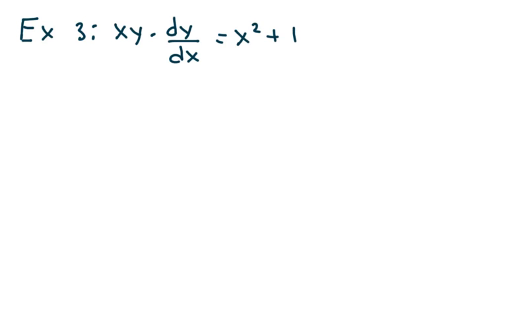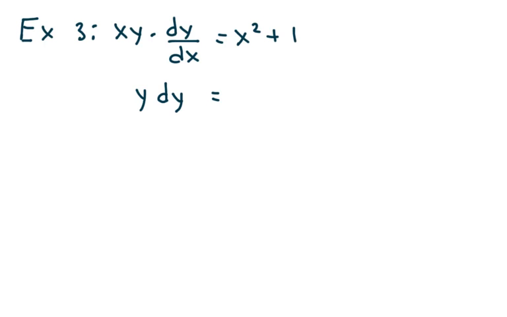Example 3. Suppose we had xy times dy/dx equals x squared plus 1. So I'm going to, again, split this up, and we're going to write this as y dy on the left side.